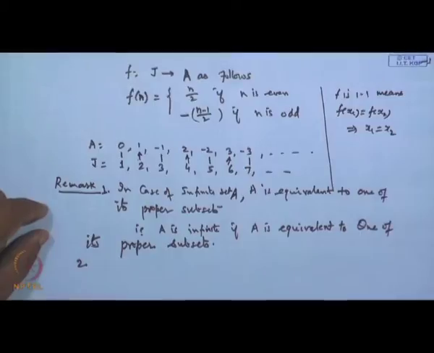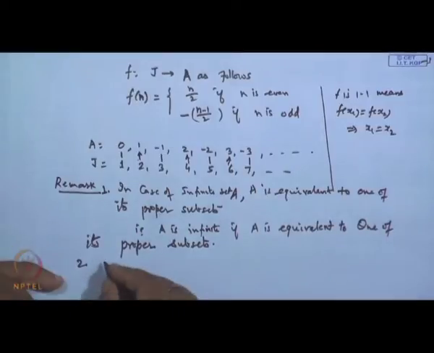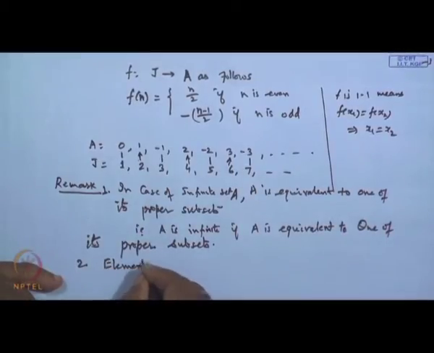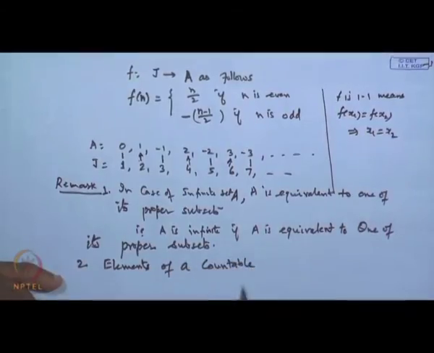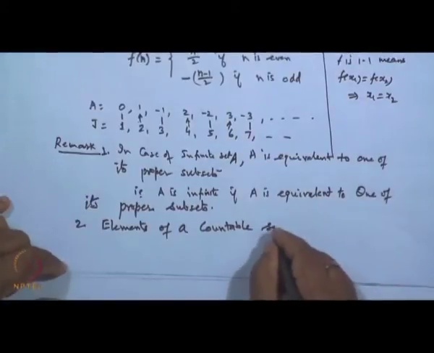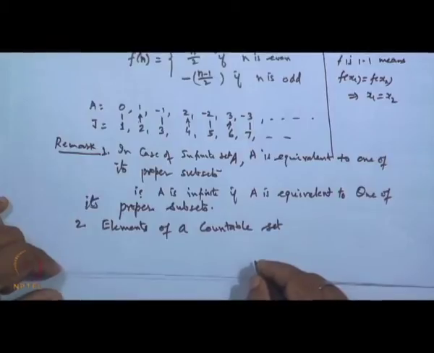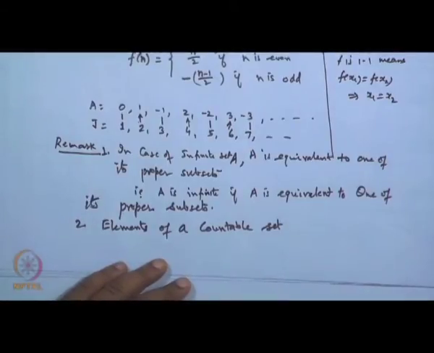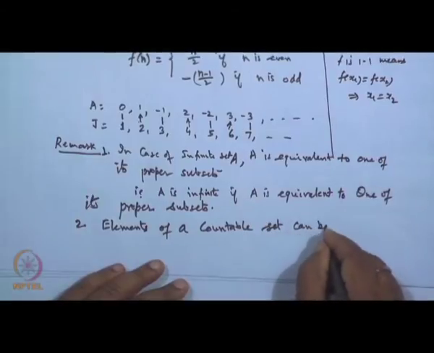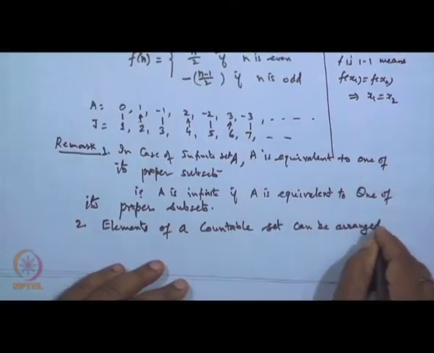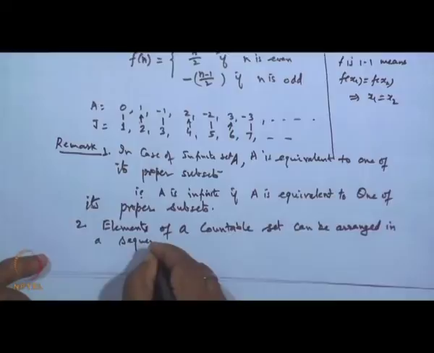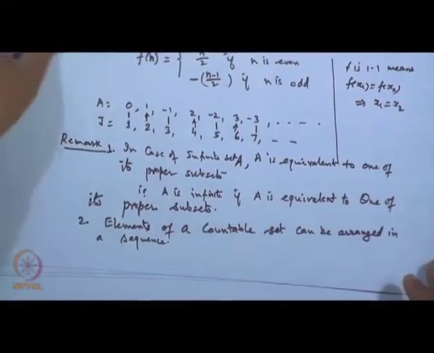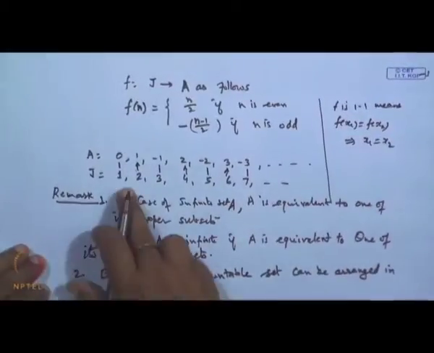The elements of a countable set can be arranged in the form of a sequence, because basically we have a 1-to-1 correspondence with the set of positive integers.